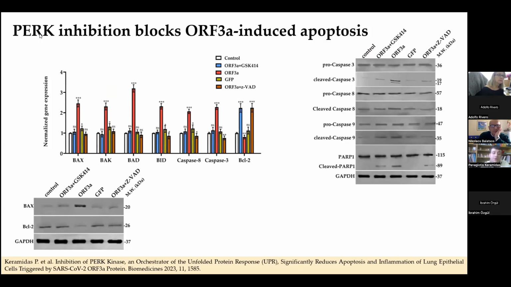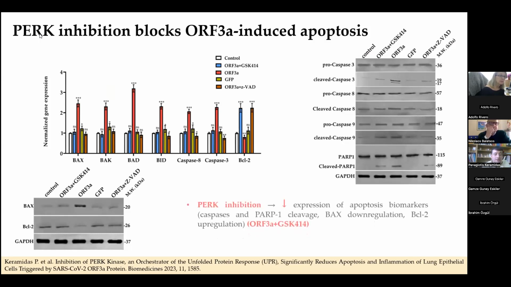In the case of the treatment with the GSK, we found that the caspases are retained in the precursor form, so they are not activated. And we also observed an upregulation of BCL2 both in mRNA and protein levels.